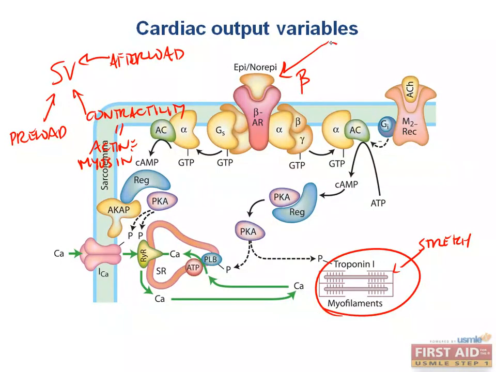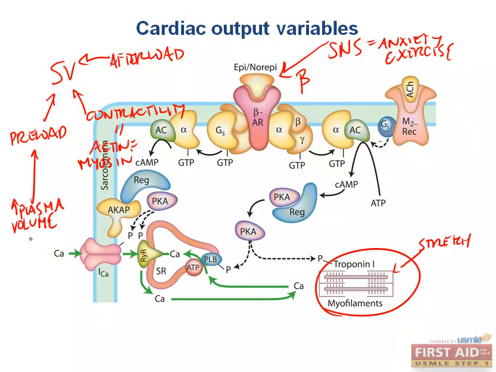Exercise does the exact same thing. Anxiety and exercise stimulate this beta adrenergic cascade due to the release of catecholamines. And pregnancy is associated with an overall increase in plasma volume, which means that we will increase the preload. So increased plasma volume in pregnancy is due to many hormonal changes, and then this increased plasma volume will directly increase preload and cause an increased stroke volume.